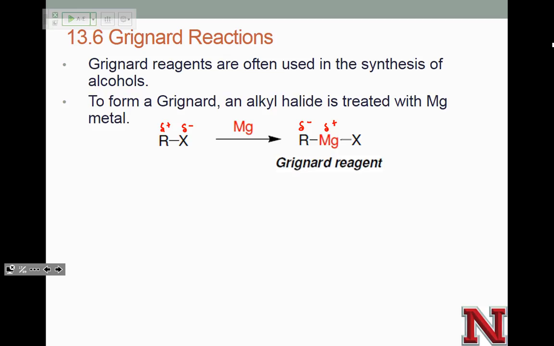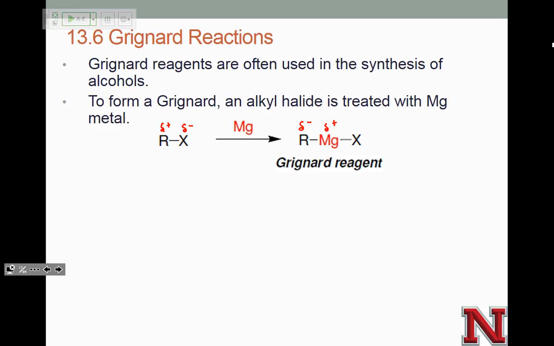Now magnesium is partial positive enough where that bond between R and Mg is kind of at that area where, remember we talked about in Organic 1 and a little bit in General Chemistry, how we say an ionic bond and a covalent bond, and really what we're looking at is a difference in electronegativity, and at some point the electronegativity difference is so big that instead of sharing electrons, we have a positive charge and a negative charge. But somewhere in between, there's some haziness.